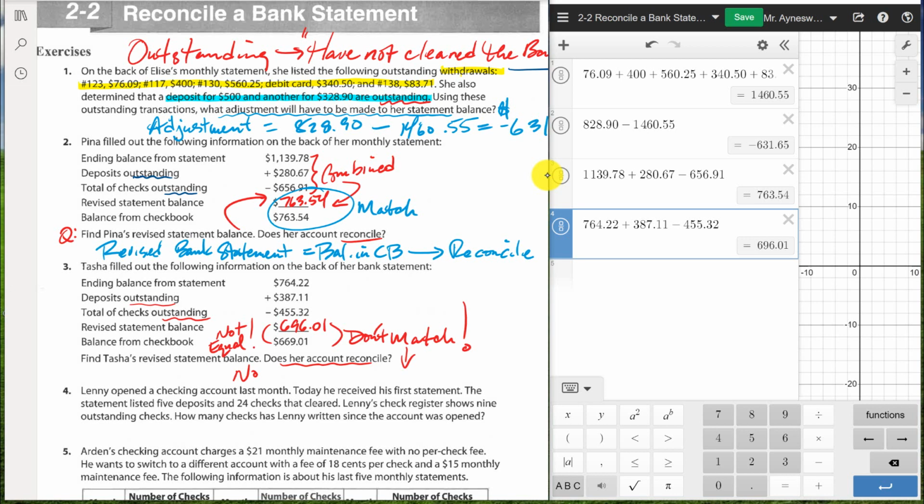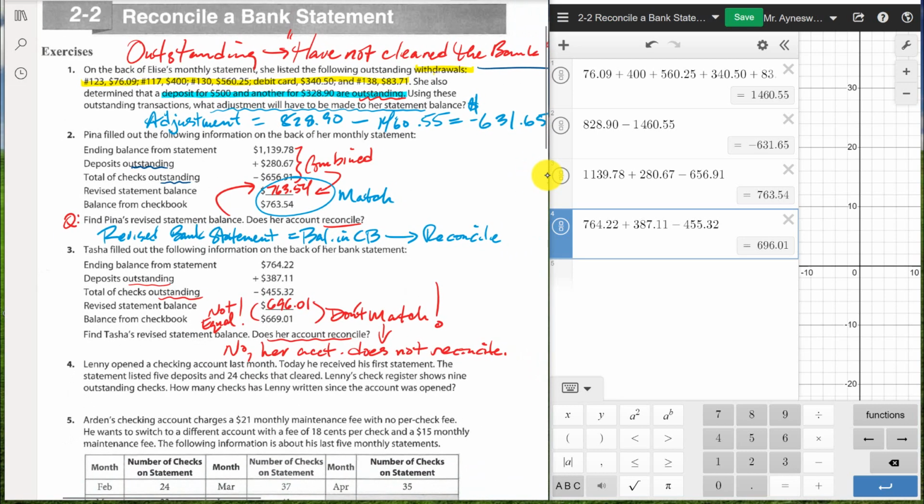So no, this does not reconcile. Her account does not reconcile. Okay, all right. So we're going to get used to the new word called reconcile, and it has to match. Your figures must match the bank and vice versa.